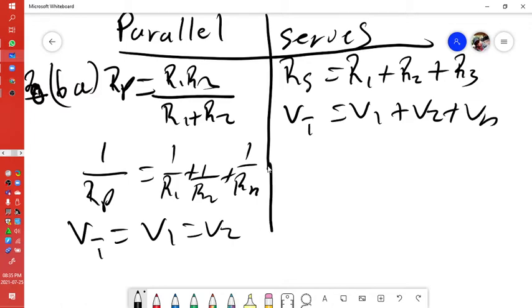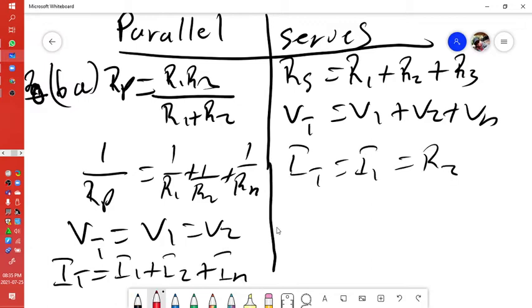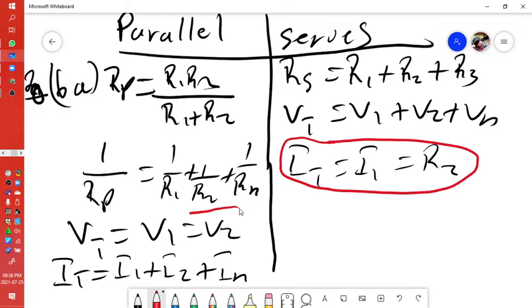When we get to current, I total is equal to I1 plus I2 plus In in parallel. Then in series, I total is equal to I1, which is equal to I2. So check here: in series, the currents are equal, and in parallel, it is the voltage that is equal.